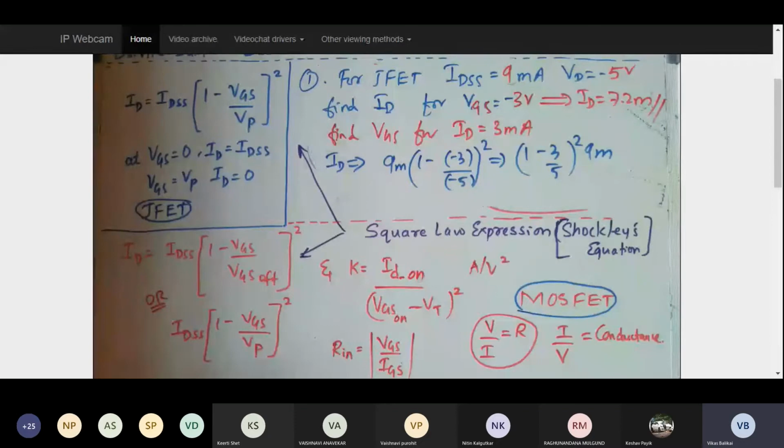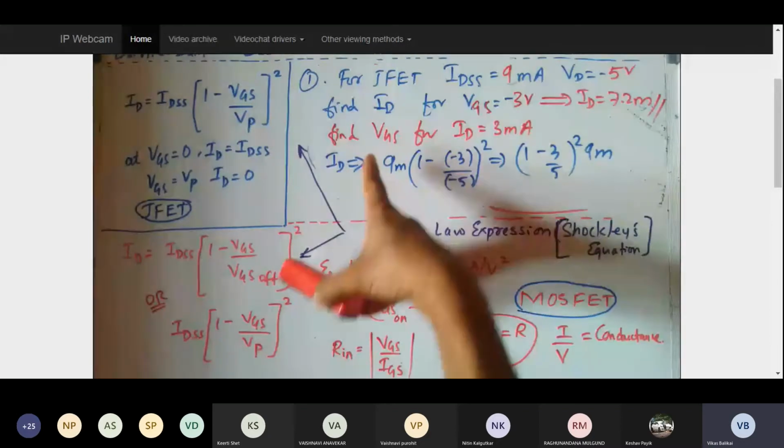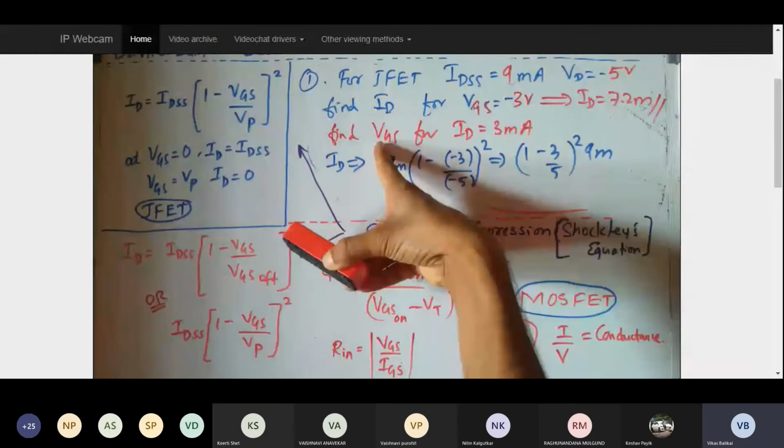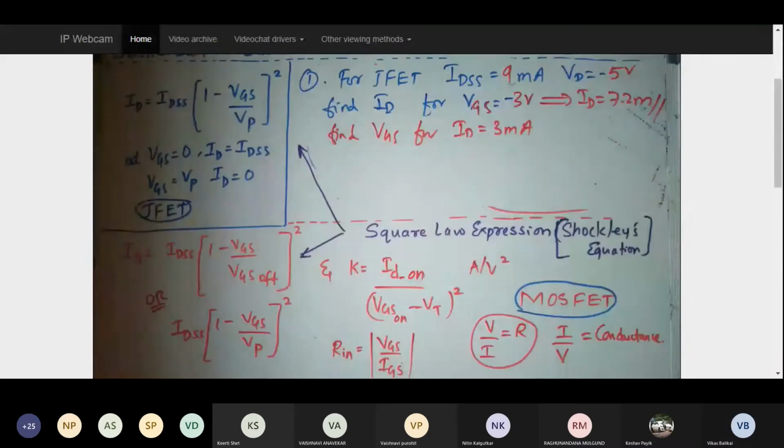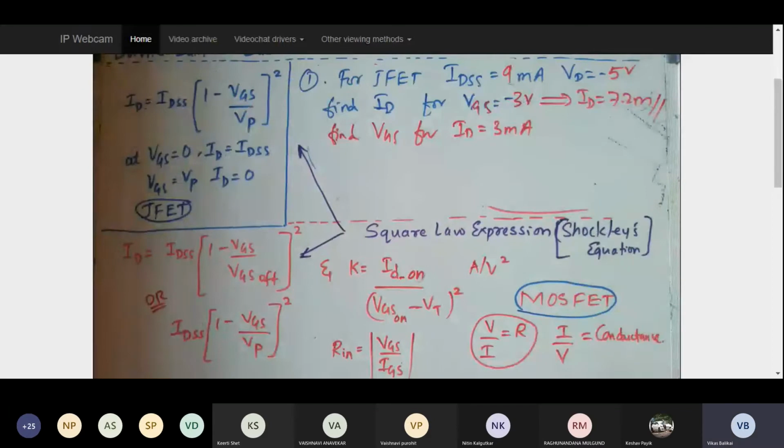Now, can you just tell me what will be the second value? Calculate VGS when ID has been given. Use the other formula, but try to extract VGS out of it. So I can be doing this way.